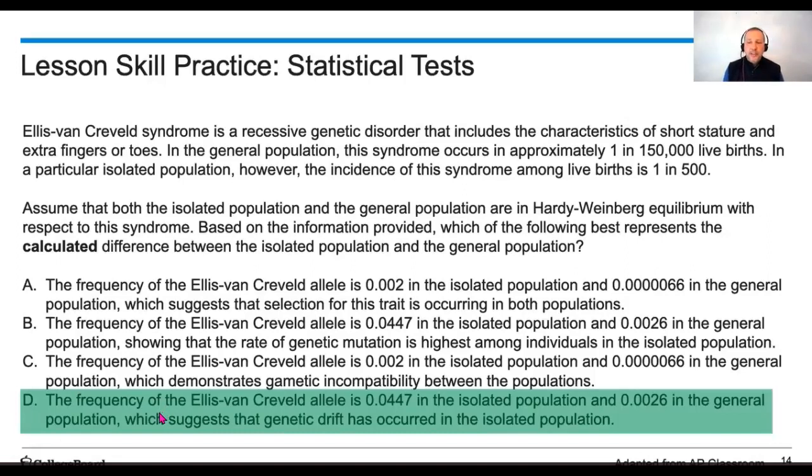A couple key points on solving this question is that q squared was given to you, where in the general population, it was 1 in 150,000 live births. And then in the isolated population, it was 1 in 500. And the genetic drift occurred due to those isolated populations.